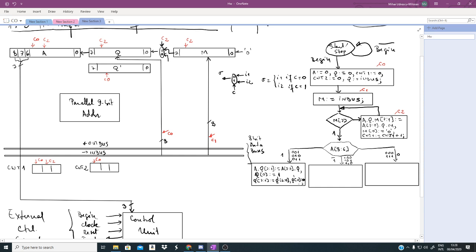So you see, it's 1 upstairs, 0 downstairs. It's the same thing here. The only thing that differs is what we put in Q of 0 and in Q prime of 0.